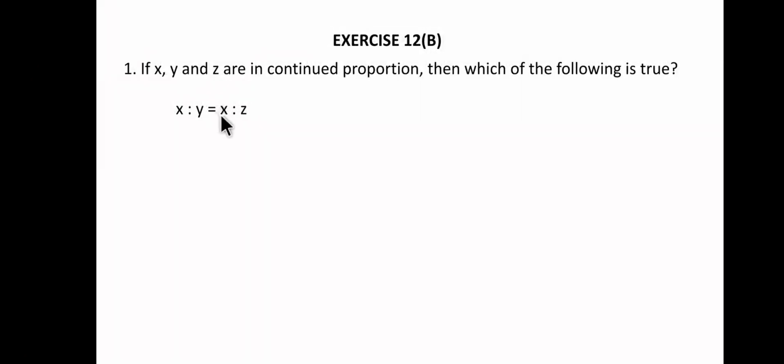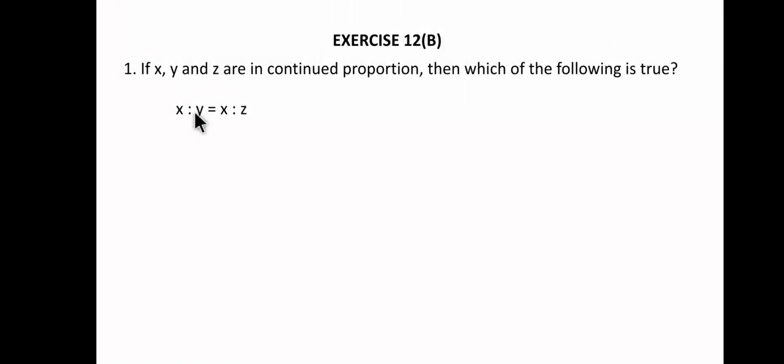Had it been y in place of this x, then we would say that x, y and z are in continued proportion. Since x is to y equals x is to z, the first term is getting repeated. That means these two ratios are not in continued proportion.